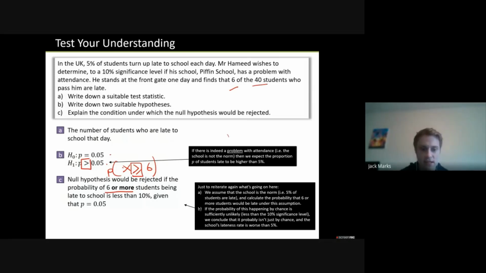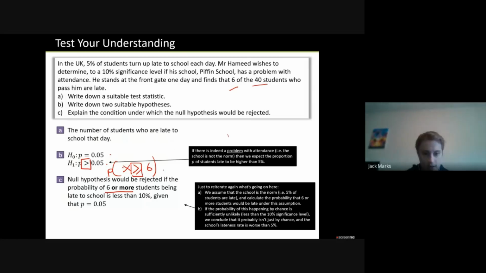You can use this to decide later on when we do the probabilities, if you're looking at the lower tail or the upper tail. So because it says the probability is more, we're looking at the upper tail. So you would find the probability that 6 or 7 or 8 or 9, it lumps all of those together, okay? 6 or more extreme is what this means here. And then you would compare that to the 10% significance level.